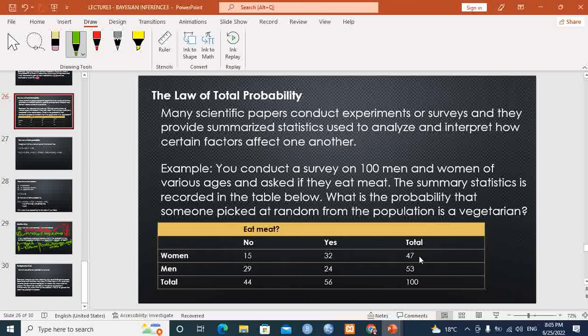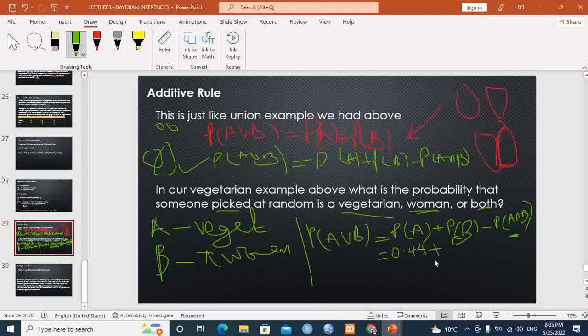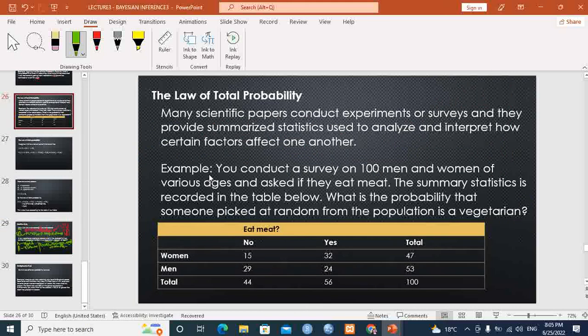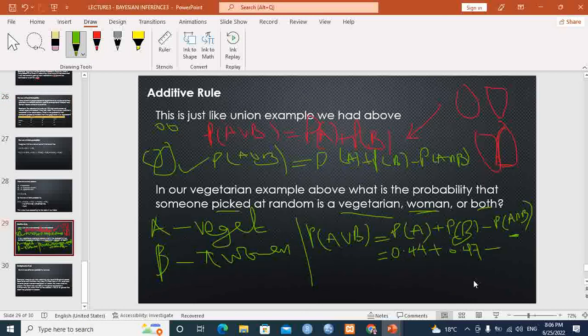plus the probability of being a woman, which is 47 out of 100, so we have 0.47. The probability of the intersection is someone who is a woman and at the same time a vegetarian. So what is the probability of that?